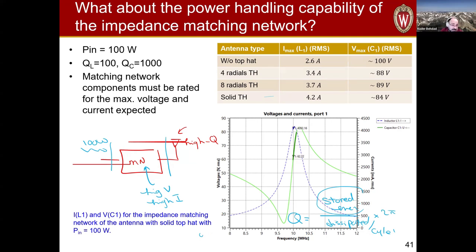The stored energy in this case would be the total stored energy in the near field region of the antenna. And the dissipated power for a lossless antenna would be the radiated power.